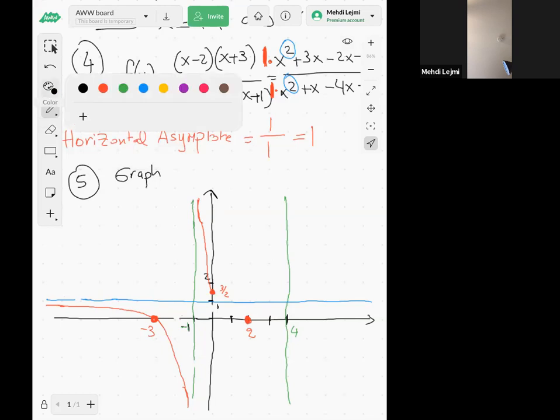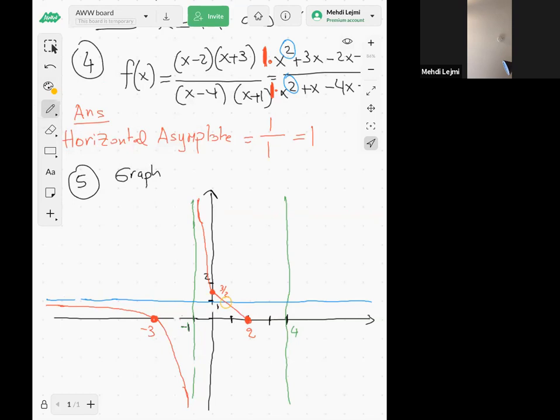Right now, I am at 3/2, right? The next point is the 2. So you see, guys, here I can cross my horizontal asymptote, because if you are in the middle of the graph, you can cross your horizontal asymptote. That's not a problem.